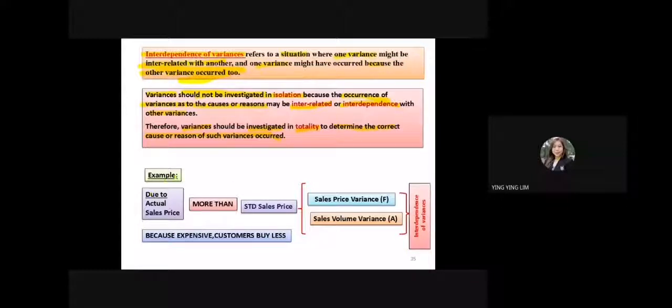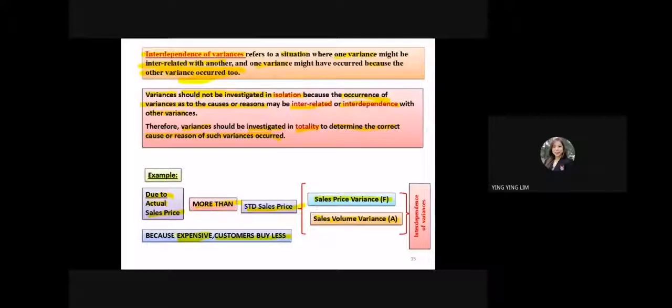Alright, so giving you an example, due to your actual selling price being more than the standard selling price, meaning to say your product is more expensive now. So when your product is more expensive, your customer buys less. So your sales price variance shows favorable, but your sales volume variance is adverse.